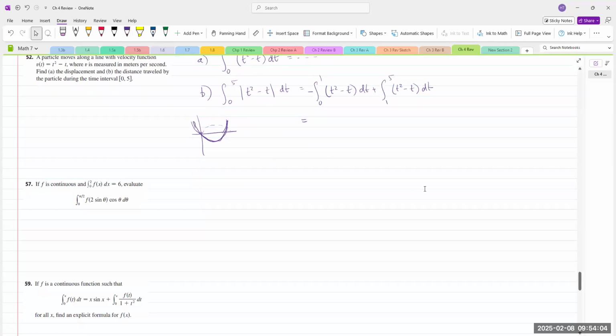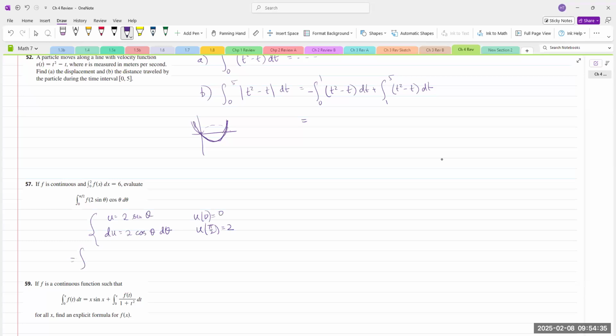Number 57, f is continuous. The integral from 0 to 2 of f of x dx equals 6. Now evaluate this. Oh, u substitution first. u equals 2 sine theta, so du is 2 cosine theta d theta. And u at 0 is 0, u at pi over 2 is 2.